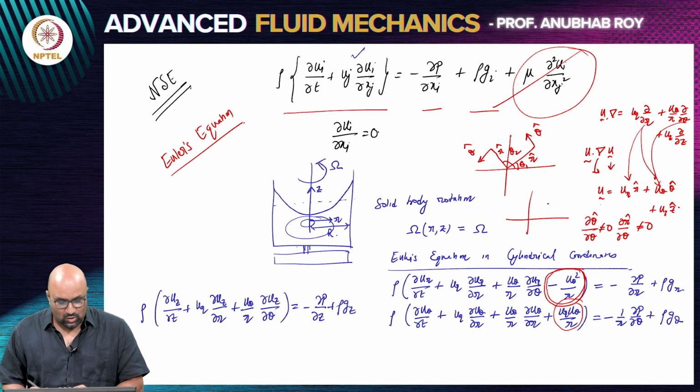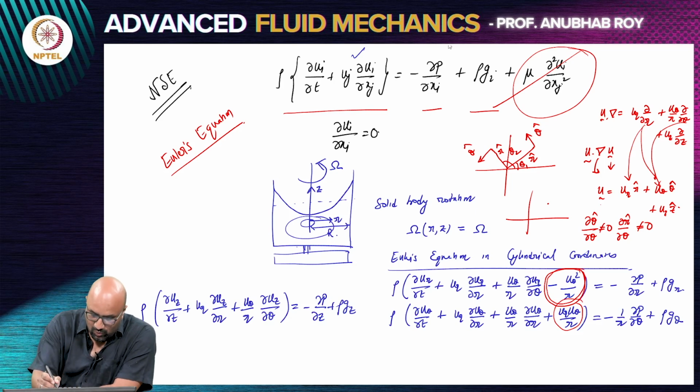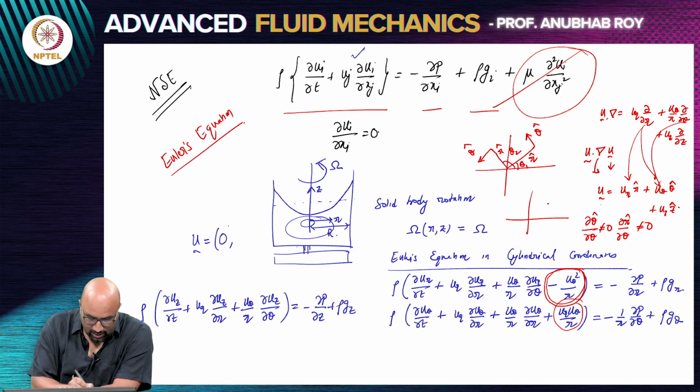So now our problem is quite simple, because we have a system where velocity does not have a radial component. So this is r cap, theta cap and z cap. It does not have any z component, it does not have any r component, it only has a theta component, which is omega r.